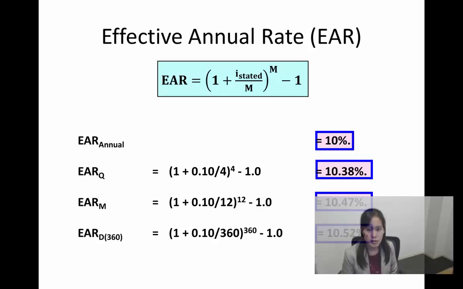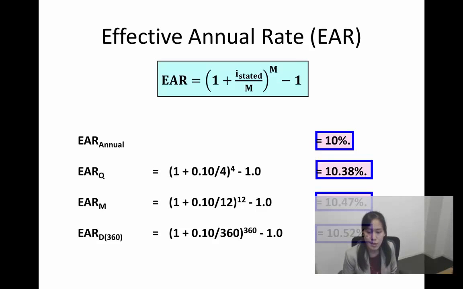So, for example, under an annual EAR, M equals 1, right? So you use the formula, and what it tells you is that 1 plus the interest rate raised to the first power, which is just 1 plus the interest rate, minus 1 will give you the EAR for the annual rate. Well, 1 plus I minus 1 is just I, so it's just 10%.